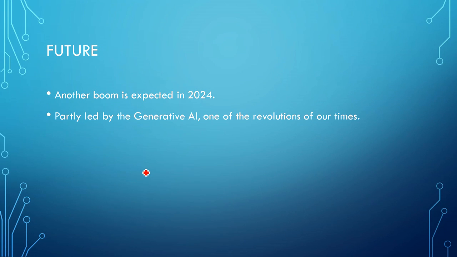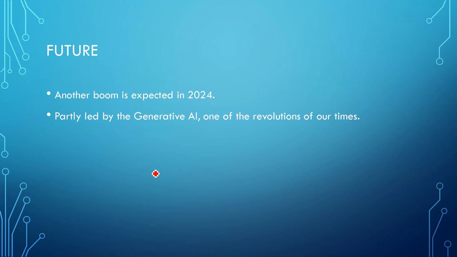Now, what can we see for the future? What can we predict for the future? As I said, most of this analysis and work was done at the end of 2023. So we can predict that another boom is expected in 2024 in AI research and publications.